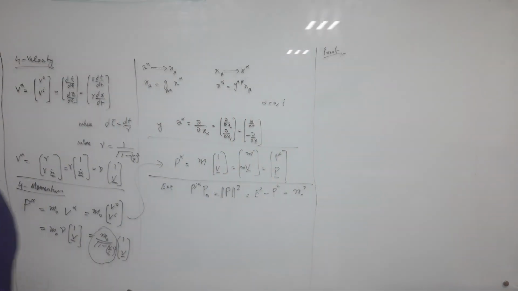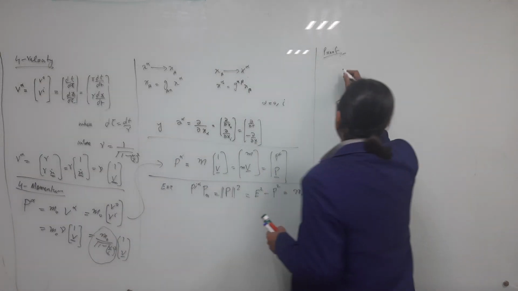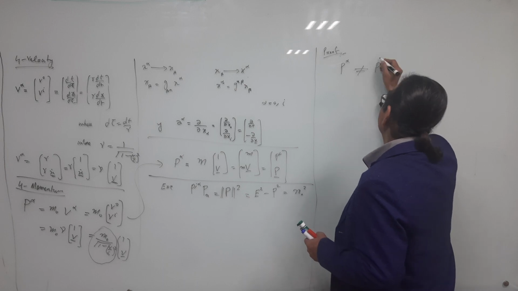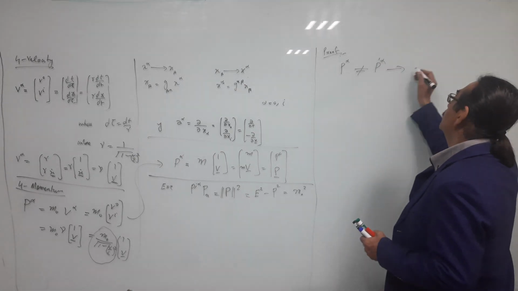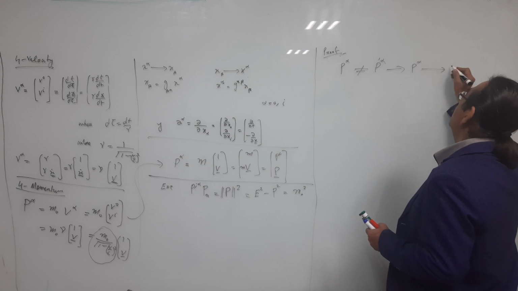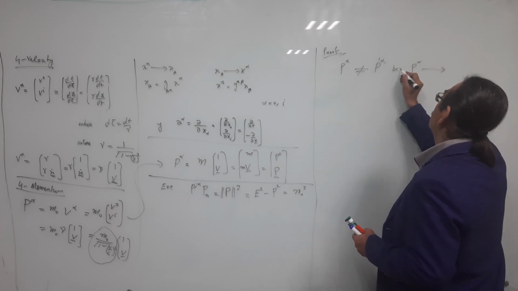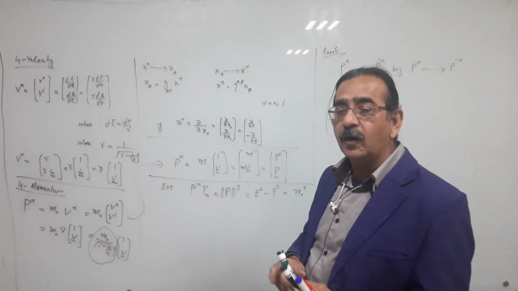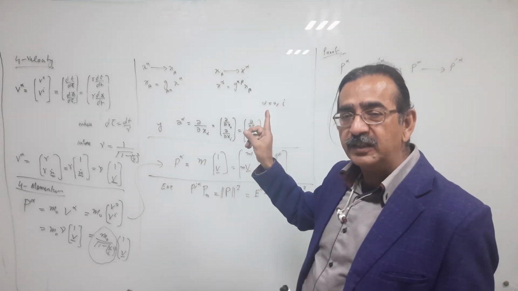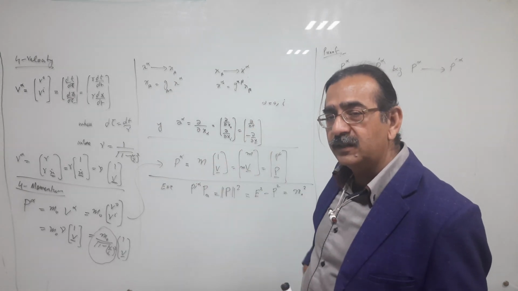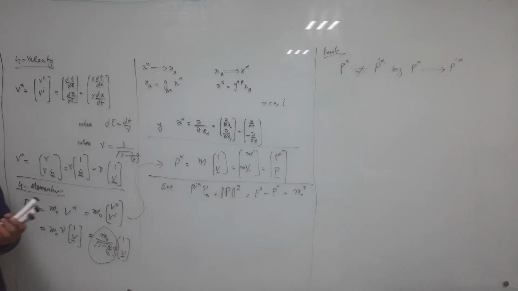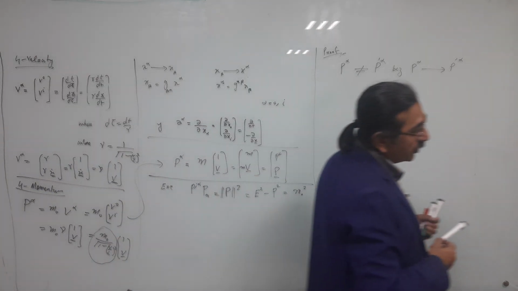P alpha is not equal to P alpha prime because P will transform into P alpha prime as a vector. We know that because it has one tensor index, note it down. Because it has one tensor index, they will not be equal. They will be transformed as a vector.